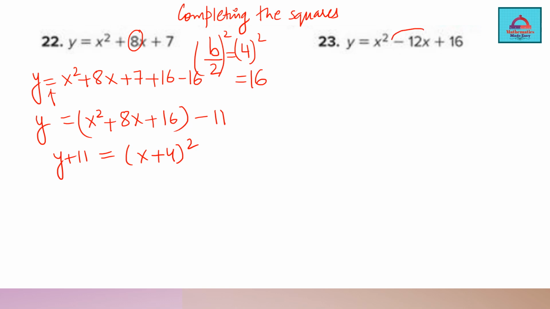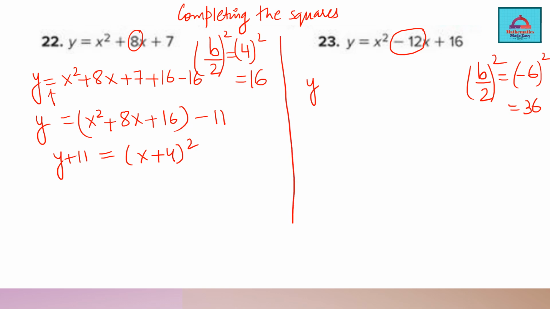Similarly, for here b is negative 12. So b by 2 will be negative 6 and its square would be 36. So you know 36 is the number which should be added and subtracted. So let's do that. So I add 36, I subtract 36.